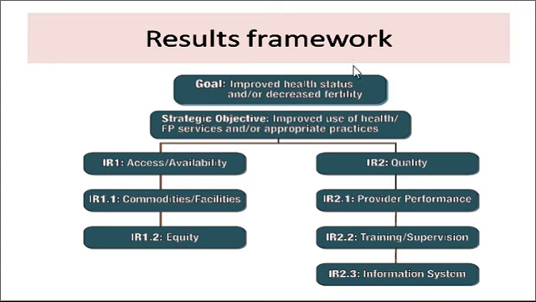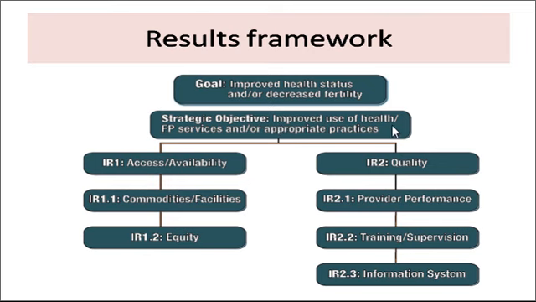So the goal is overall improvement. Look at the difference in the language and how we are converting a particular goal into a strategic objective. This is very important and you need to understand this. Improved health status, that is the overall goal, which is a long-term goal. That means improved health status of a particular community. And then the strategic objective is improved use.